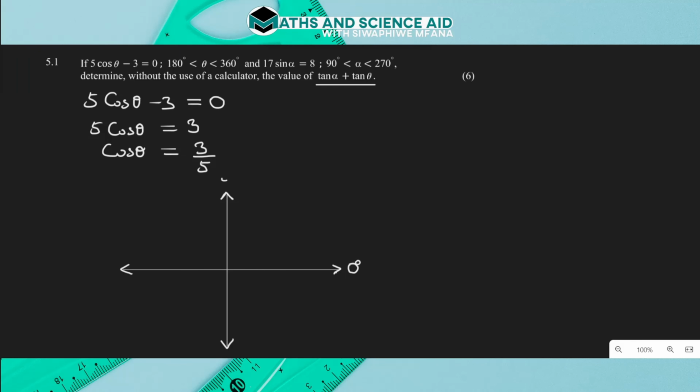Therefore, the positive y-axis is going to be at 90 degrees, which means that the negative x-axis is at 180 degrees, while the negative y-axis is at 270 degrees. And then when we return to the positive x-axis, we have 360 degrees, therefore a full revolution.